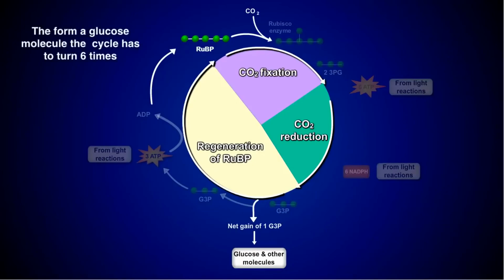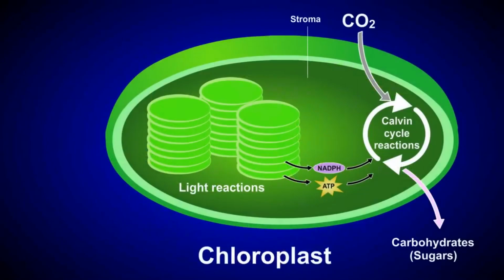To form a glucose molecule, the cycle actually has to turn 6 times, because each turn of the cycle adds only 1 carbon atom from the incoming carbon dioxide. It's important to remember that the Calvin cycle is dependent on the light reactions to provide NADPH and ATP, which in turn provide the electrons and energy needed to form carbohydrates.